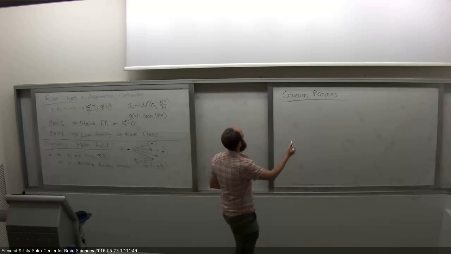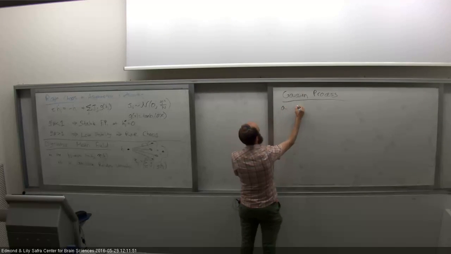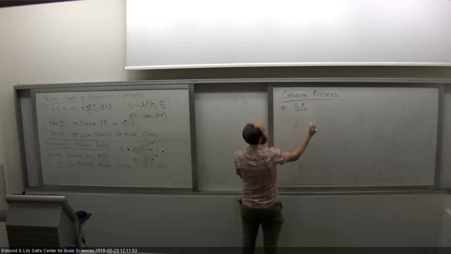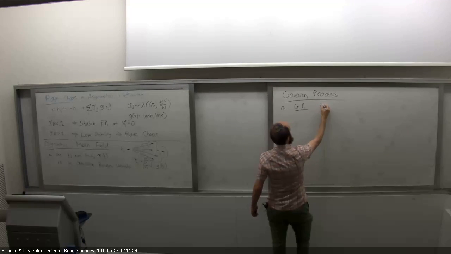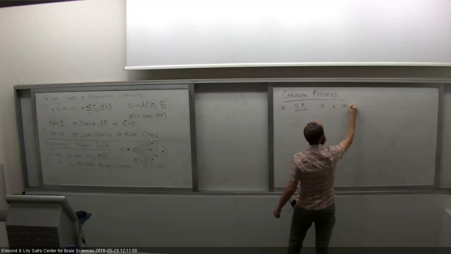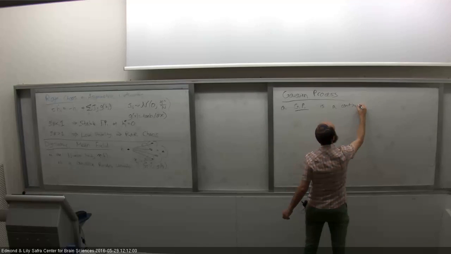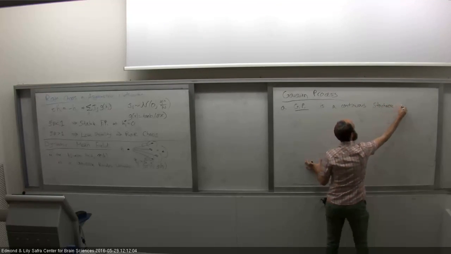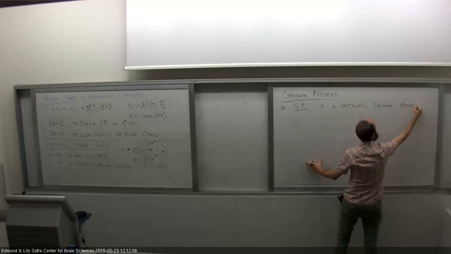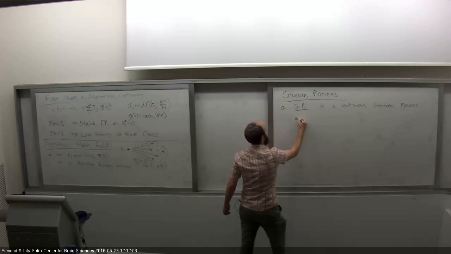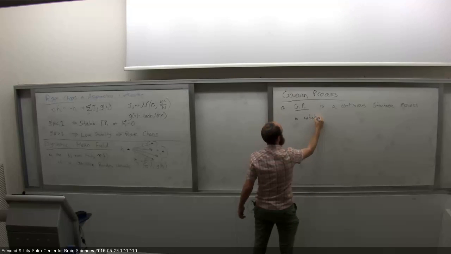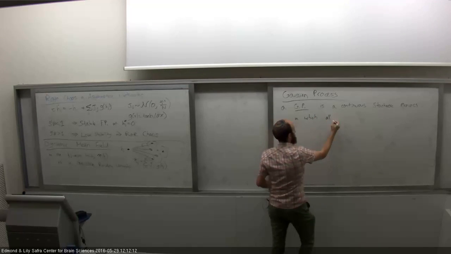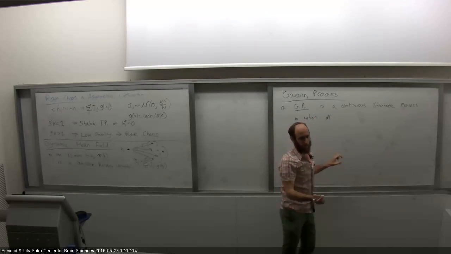So generally speaking, a Gaussian process, write the definition, is a continuous stochastic process in which all finite sets of points have a joint Gaussian distribution.